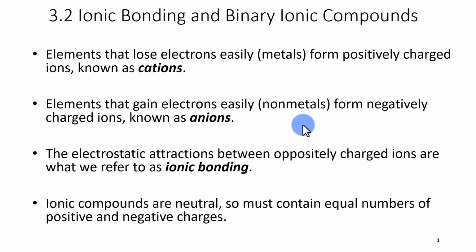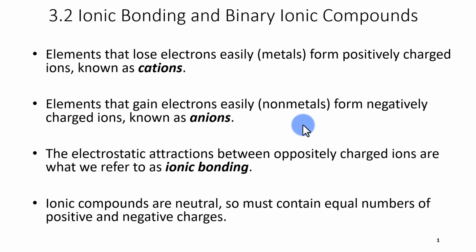Once the ions are formed, we talked about this in chapter 1 as well, positive charges are attracted to negative charges, so opposites attract. Therefore, the cations, the positive ions, are going to be attracted to negative ions or anions.